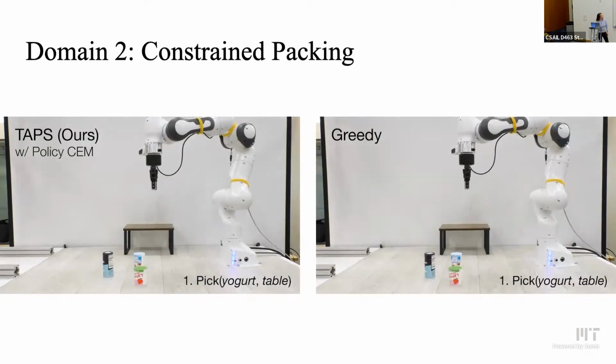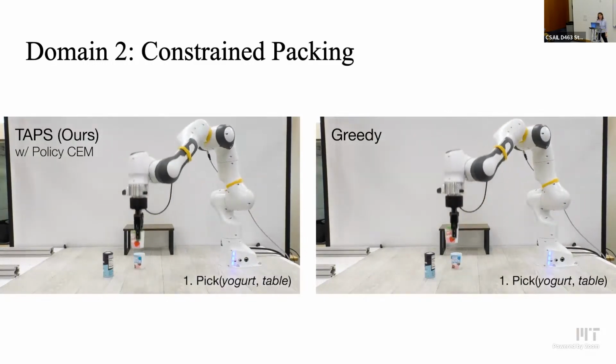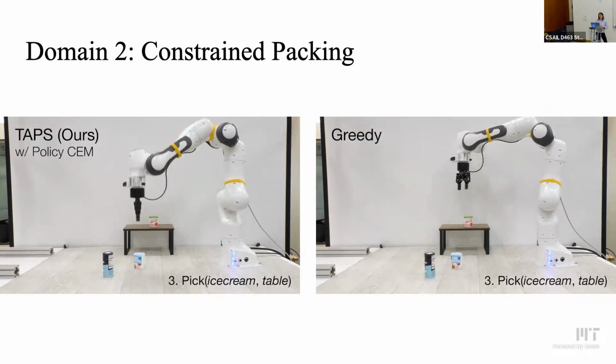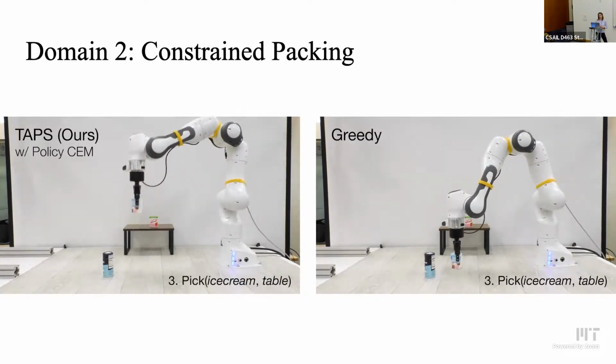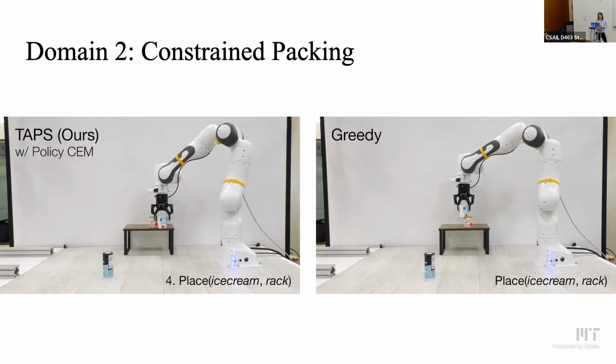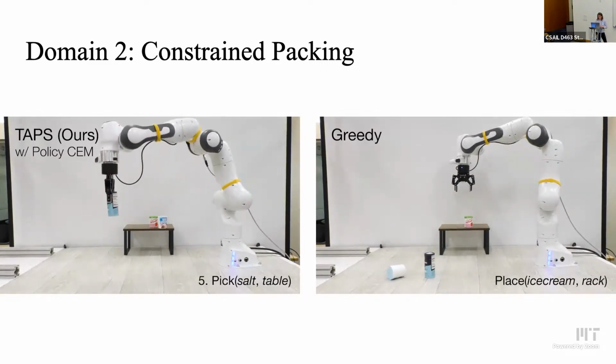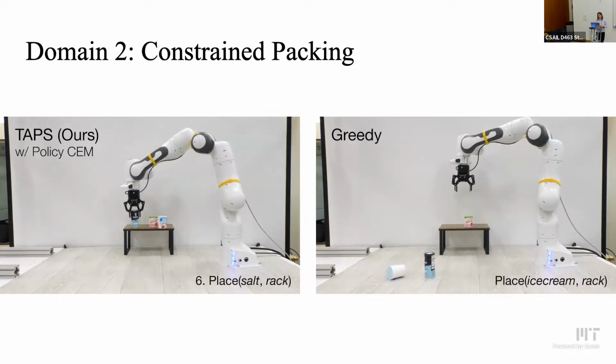And if we go to this domain here, this is the constrained packing domain. Here, our method has to plan locations on the rack so that it has space for all the different objects. Greedy execution results in an imperfect configuration of objects that the placement policy doesn't know how to handle.